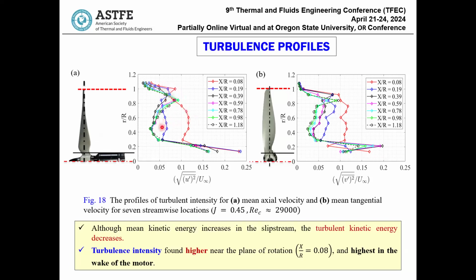When you approach farther distance from the slipstream plane of rotation, you see that the tip vortex is convecting towards the axis. In the right hand side plot, the turbulent kinetic energy is also decreasing the same way, but the tip vortex signature is only very prominent after the 98% radial location.